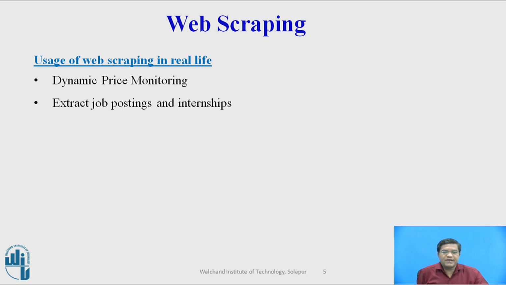We can extract job postings and internships from websites like Naukri.com or any company website. We can gather emails. Most companies gather personal emails in order to complete their business marketing. They can target a specific audience for their marketing through the emails.